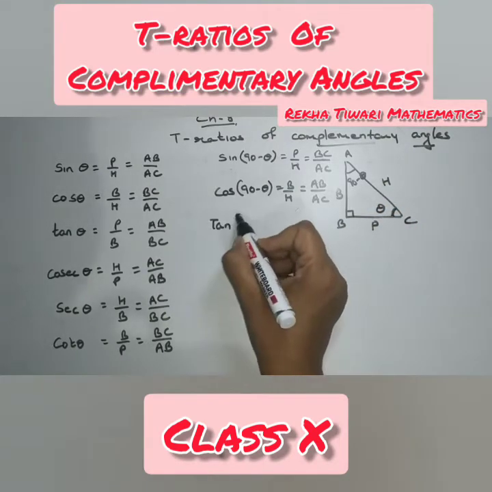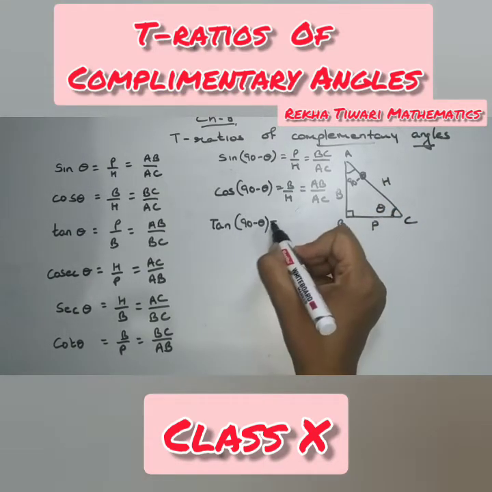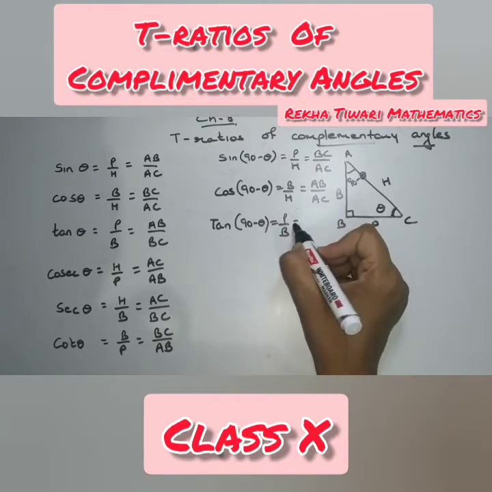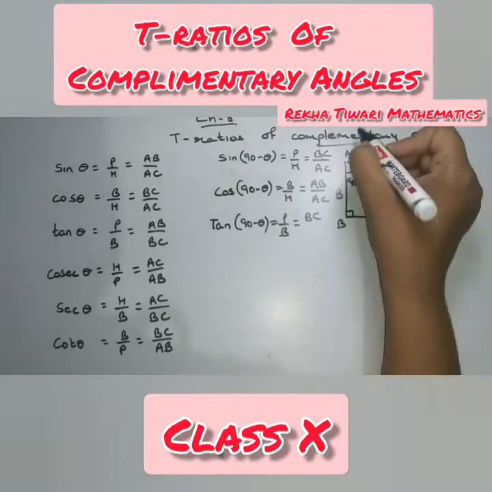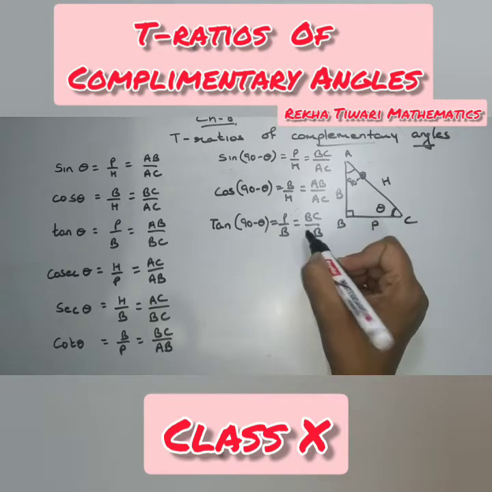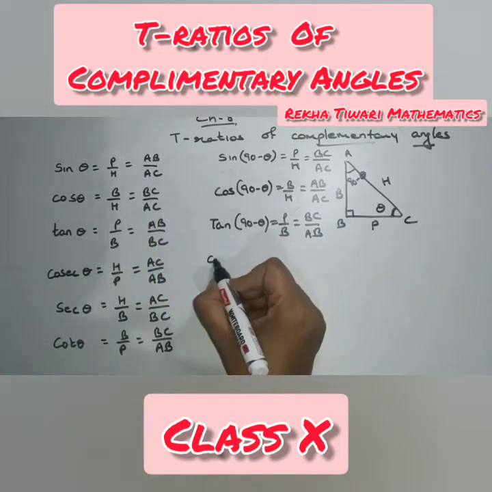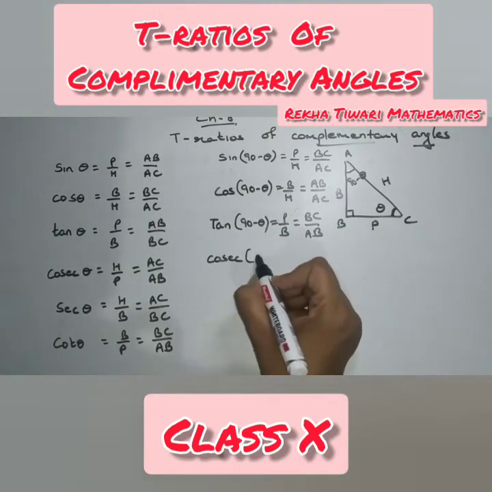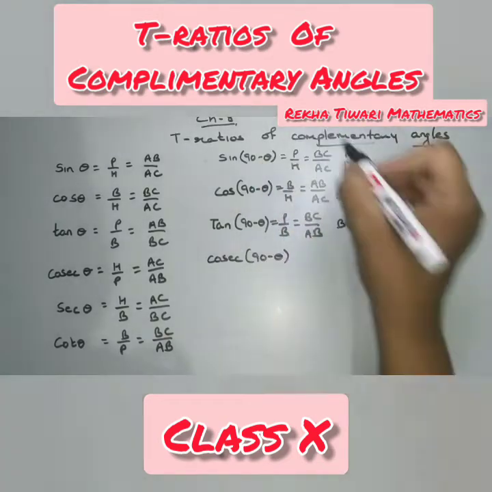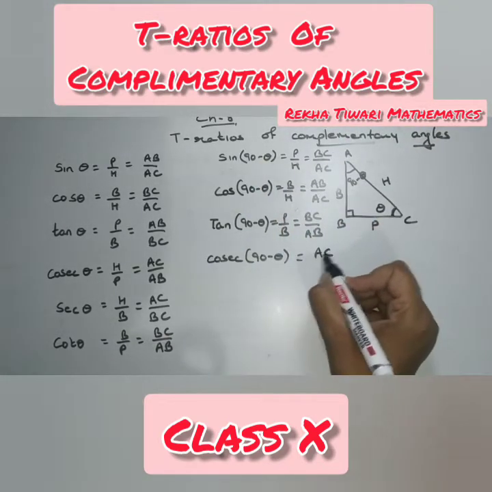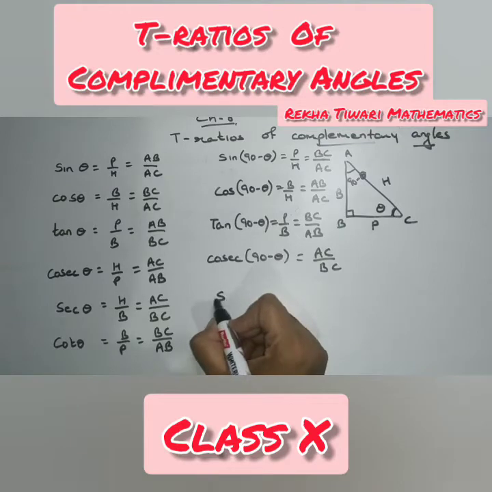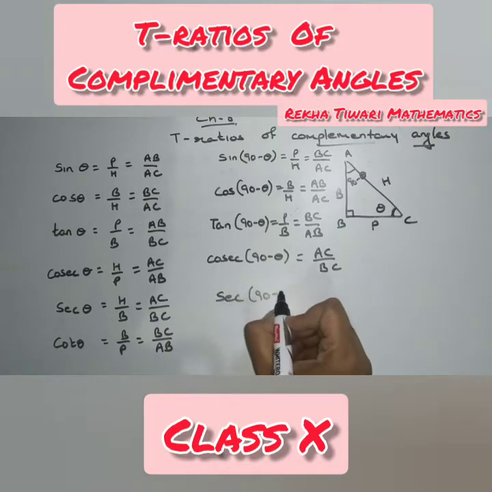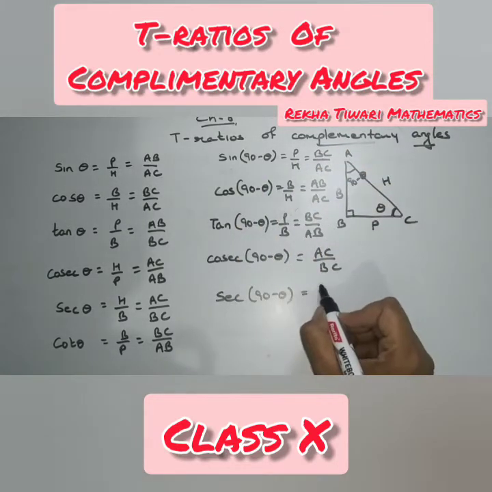Tan 90 minus theta, P by B. What is perpendicular? BC. What is base? AB. Write down the other three also. So cosec 90 minus theta is the reciprocal of sin, that is AC by BC. Sec 90 minus theta is the reciprocal of cos, that is AC by AB.